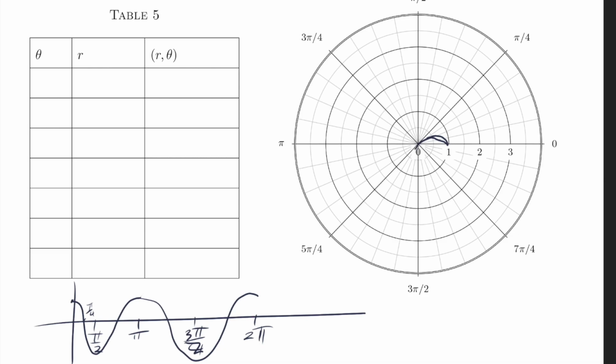So it's going to negatively come out all the way up to pi. Let me see if I can draw this slower. All right, so let's be very clear here. It shrinks in until I'm at pi over 4.